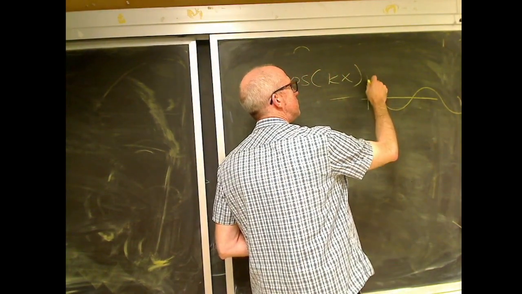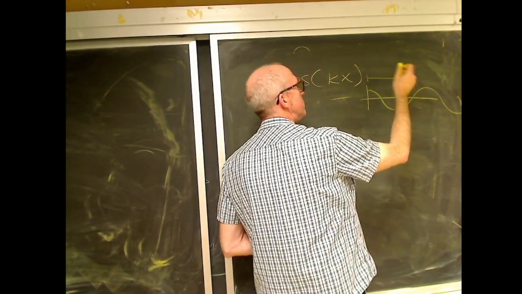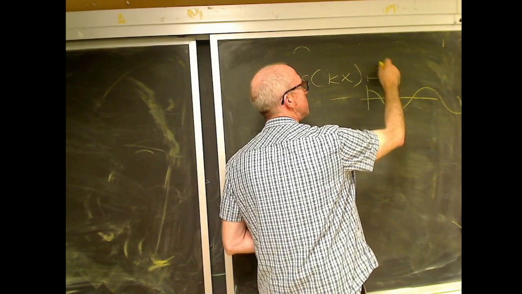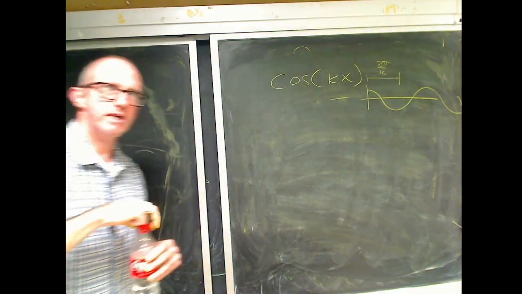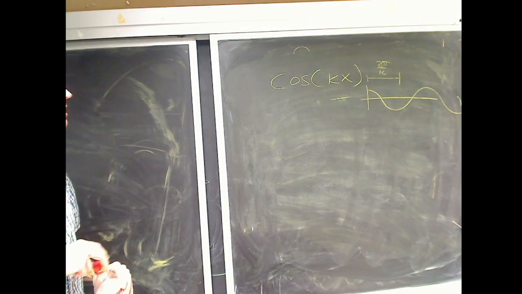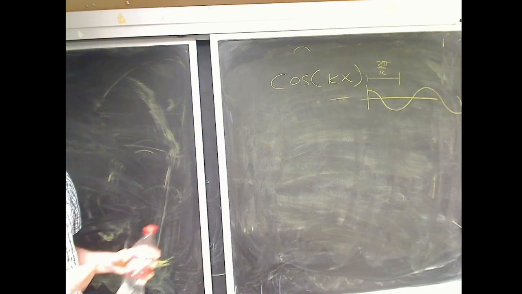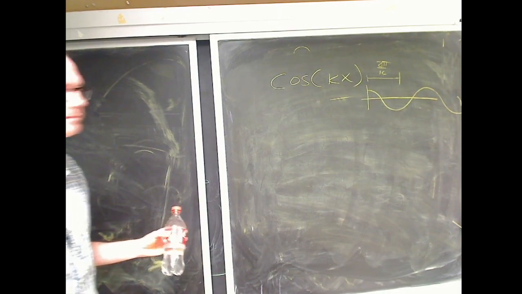It goes up and down with a period of 2 pi divided by k. Right? So 1 over k is the wave number. I'm going to accidentally say wavelength when I say k sometimes because they're super equivalent in my head.